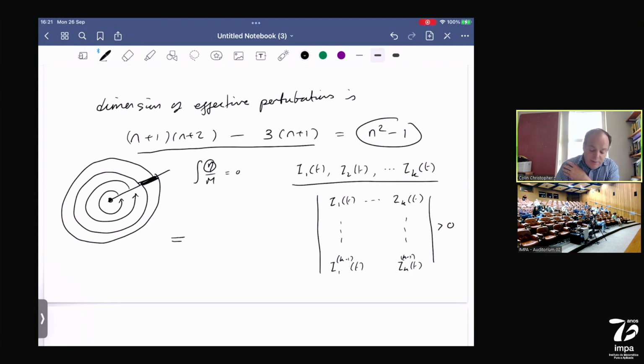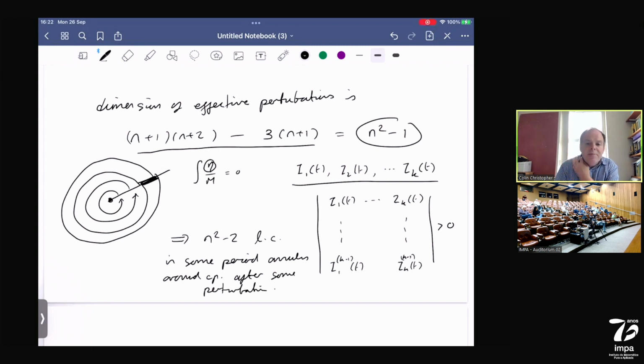So in other words, it implies that there are n squared minus 2 limit cycles in some period annulus around a critical point after some choice of perturbation.